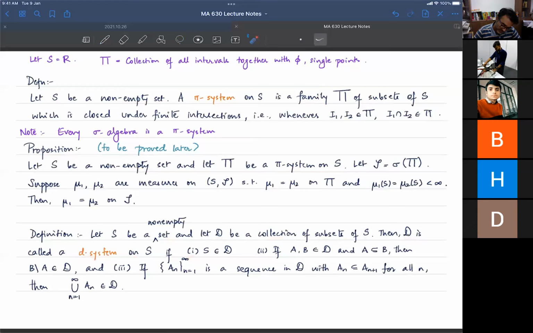First of all, the whole set S should belong to D. Second, if A and B belong to D and A is sitting inside B, then B minus A must belong to D. And third, if I have A_n, n going from 1 to infinity, which is a sequence in D, with A_n contained in A_{n+1} for all n, then the union of A_n, n going from 1 to infinity, must be an element of D. Any questions with what we're stating?